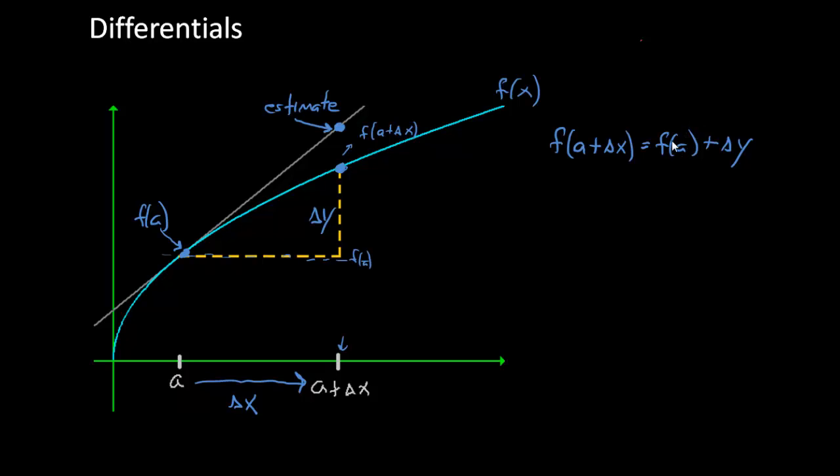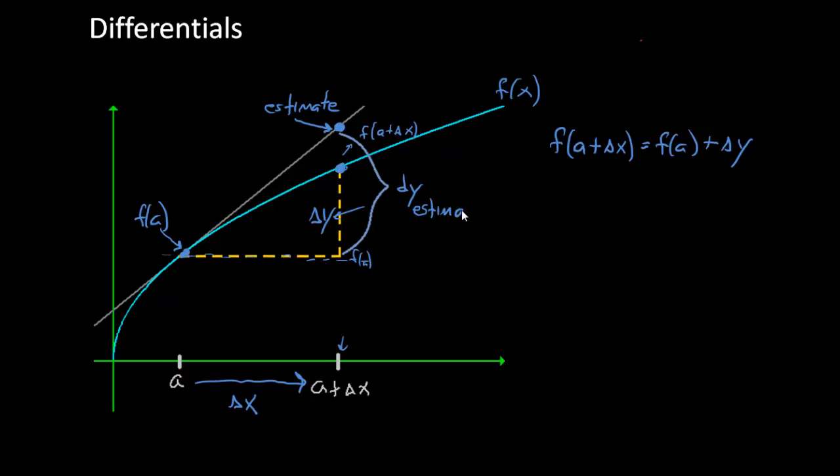So I'm just going to find the y value at a, and then I'm just going to add that little extra y, and that's going to give me the y value I'm looking for. The problem is that I don't know this. This is the true change in y. So instead, I'm going to find this. Now this is dy. dy is the estimate change.